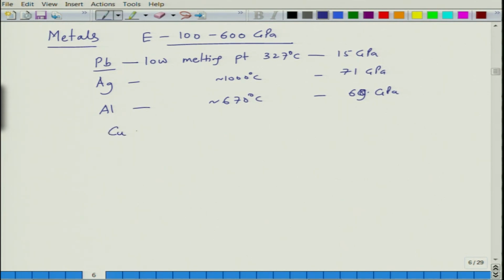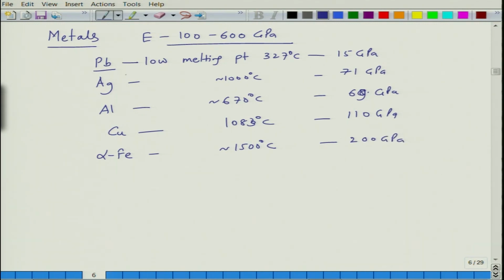If you go to another moderate melting point material, copper, which has 1083 degrees centigrade, then copper has a modulus of 110 GPa. If you go to alpha iron, its melting point is nearly 1500 degrees centigrade, and its modulus is 200 GPa.